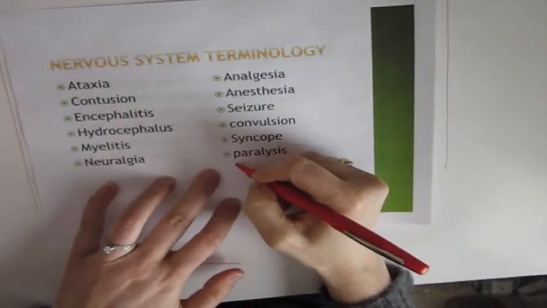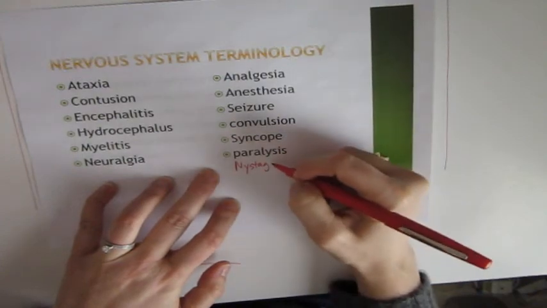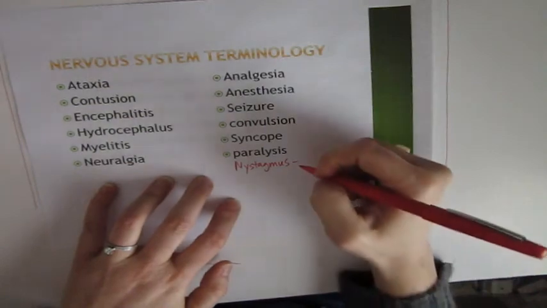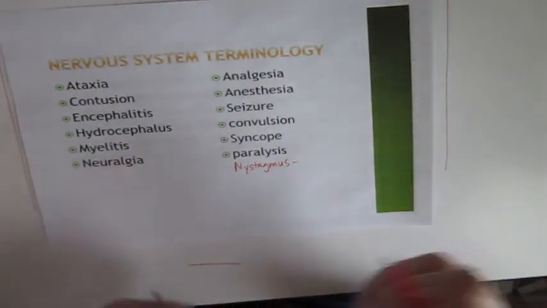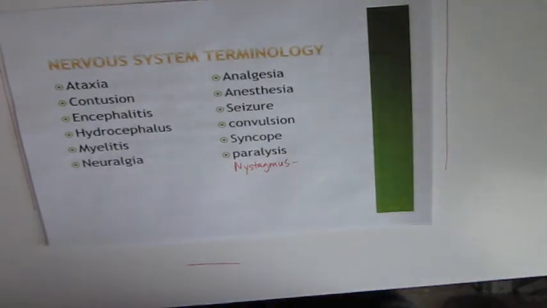I'm also going to write down nystagmus down here, which we will probably talk about in the next chapter, chapter 14. Nystagmus: the eyes make a repetitive, uncontrolled movement, often resulting in reduced vision.